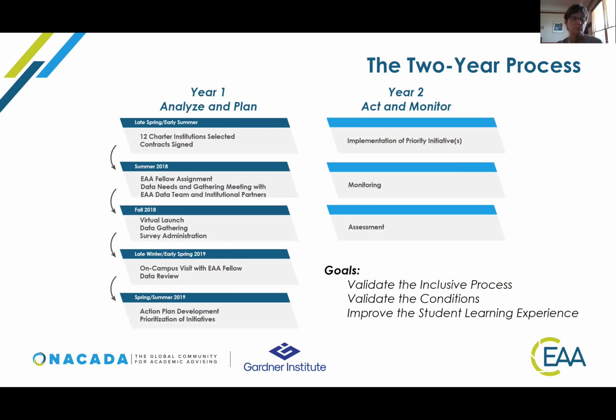Just a reminder of the 2-year plan, the 2-year process that we'll go through. What we're really into is the first couple here. The fellows are being assigned, the contracts are being signed. We're starting to talk with institutions about the data gathering process and the elements that will be a part of that.